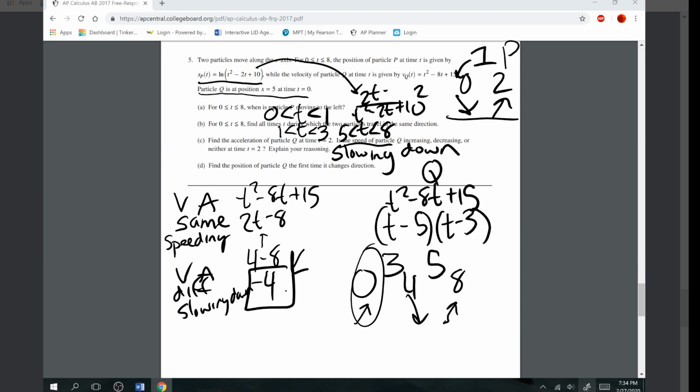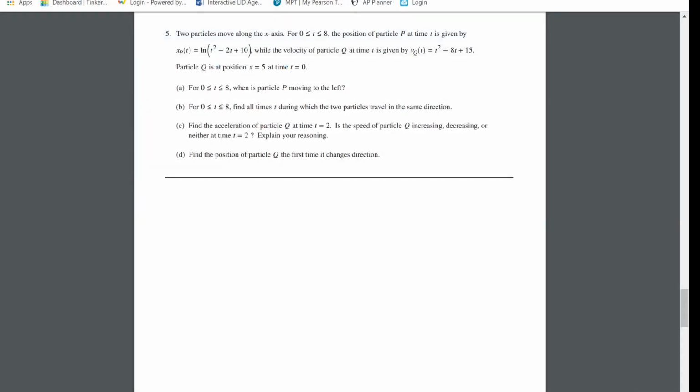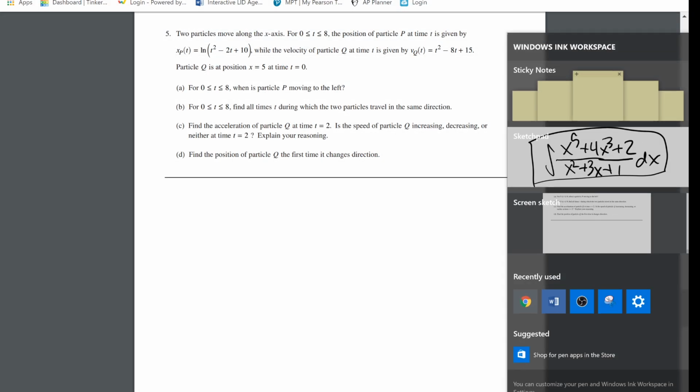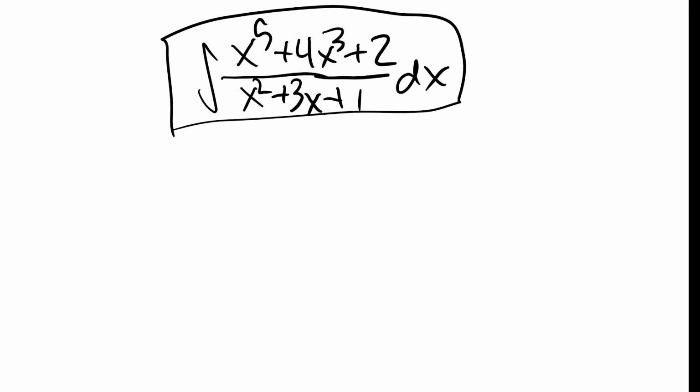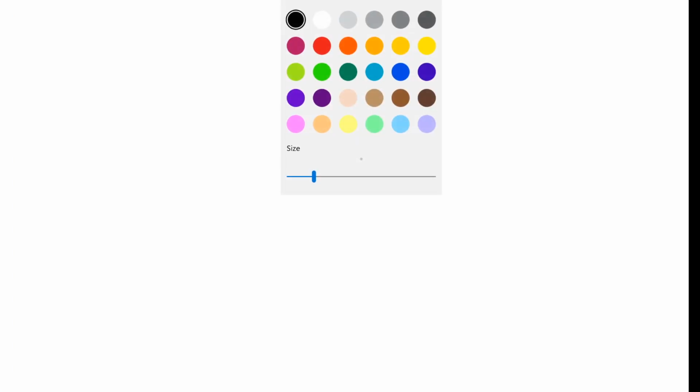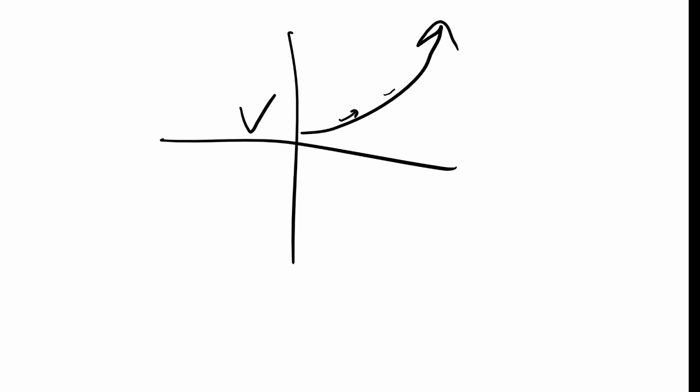And if you don't understand why that's the case, it really is a graphical thing. So if I pop out of this and go over here, if I have a velocity graph, this is speeding up, and this is the really obvious one. You have a positive velocity, so you're traveling away from me, and you're traveling away from me at faster and faster rates.